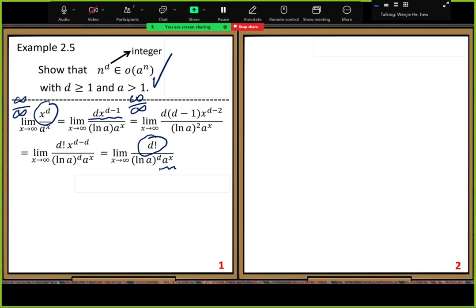Although in calculus, there is a way to define factorial for non-integer numbers. It's the gamma function, the extension of factorial. But here we do not go that far. We do not use the gamma function here. So we cannot use the factorial. We have to find a different way to prove it.